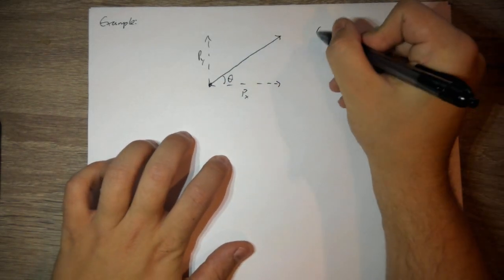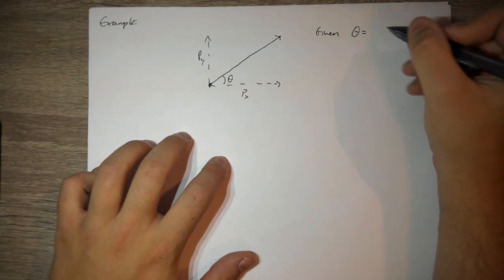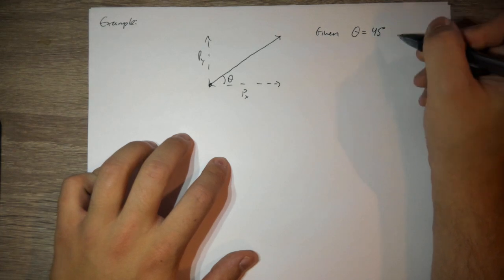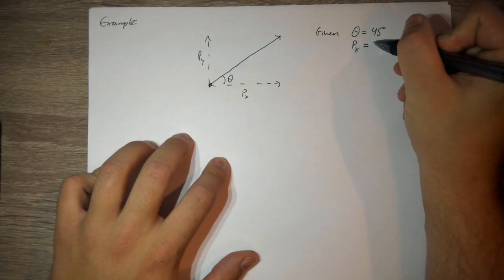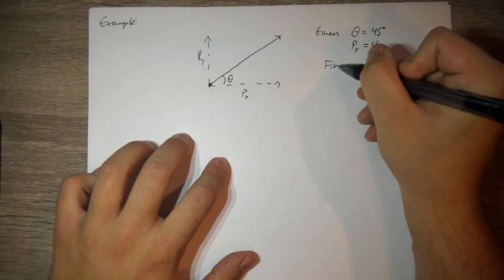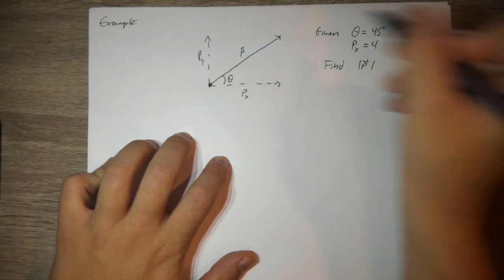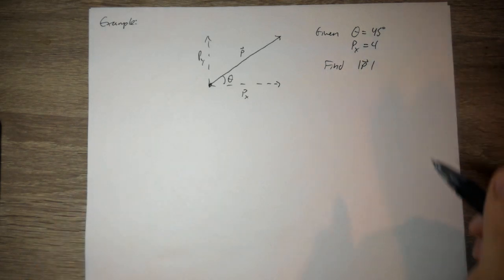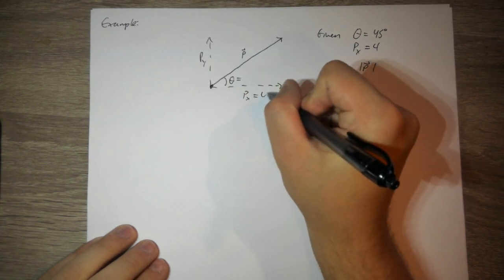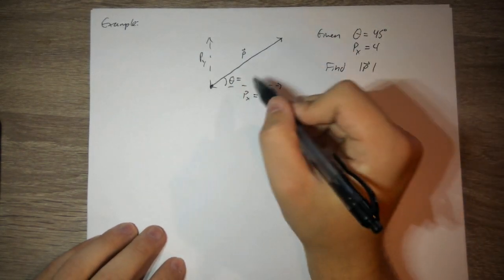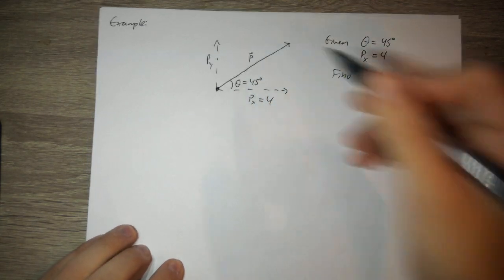And let's say we know the angle to be 45 degrees, and we know the projection of x to be 4. What we want to find is the magnitude of p. So how would we go about doing this?